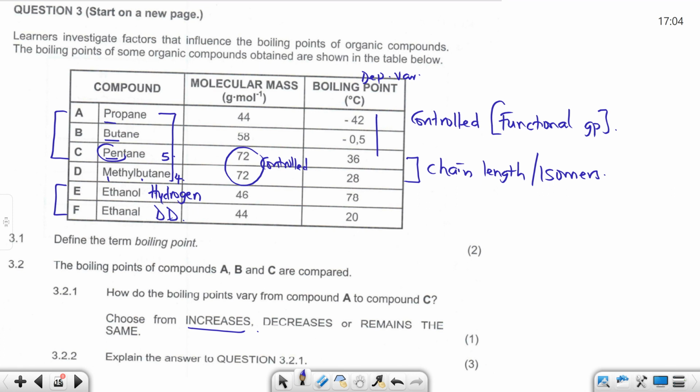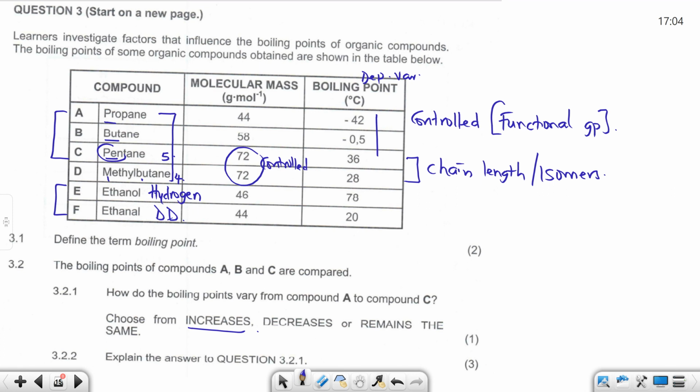Then the question they would have told you to which one, explain, question 3.2.2 would then come in. The structure of the question would then change to say arrange or explain why there is an increase in boiling point, something like that. Guys, how do we answer 3.2.1?